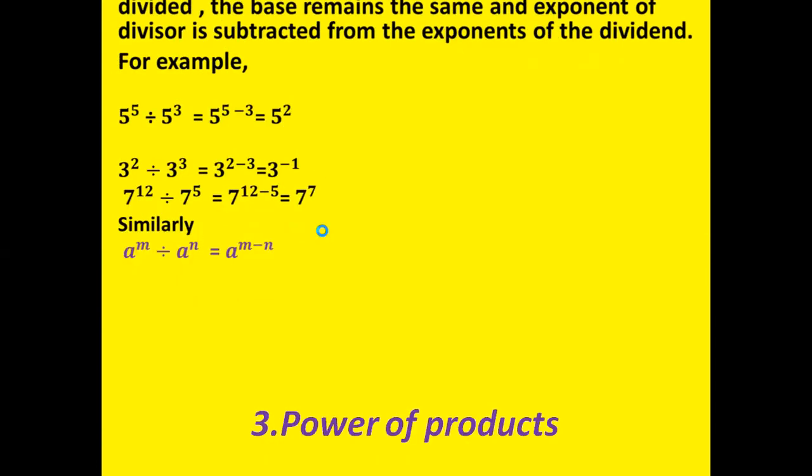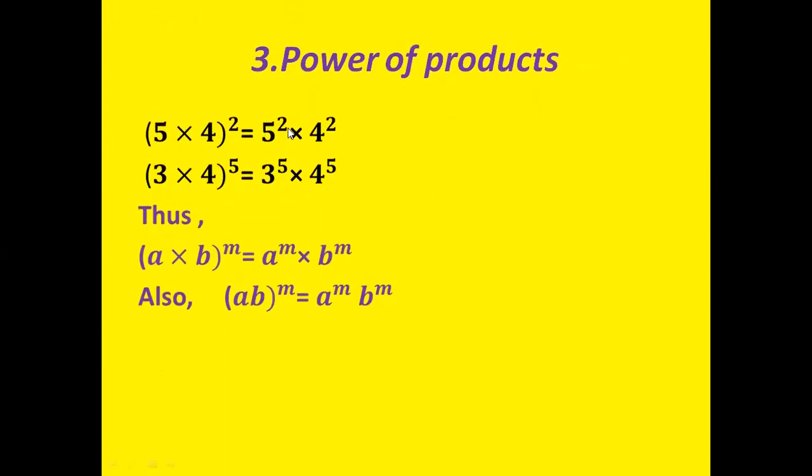Let's move to the next slide. This is the power of products. According to this one, look here, inside the bracket, 5 into 4 and its whole power 2. Then this power 2 is the power of 5 and 4 both.